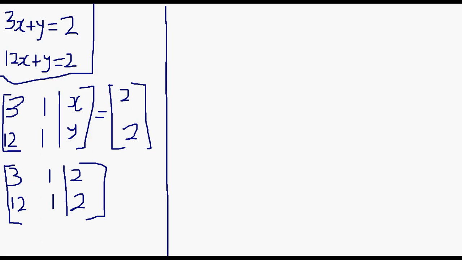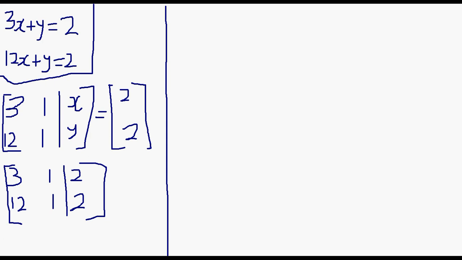All right. So, guys, what do you think will be the first operation we will perform on this? Remember, there are some operations we can perform using elementary operations. We can add rows. We can subtract rows, but we cannot multiply a row by a row.